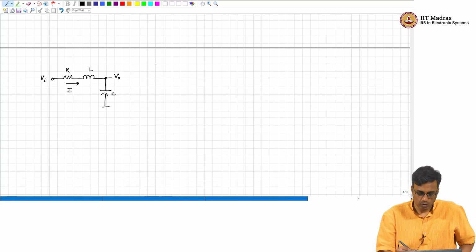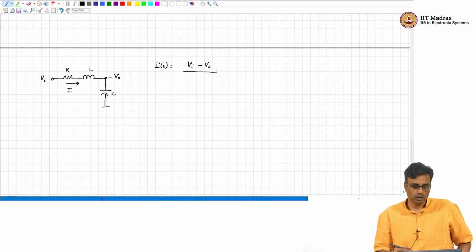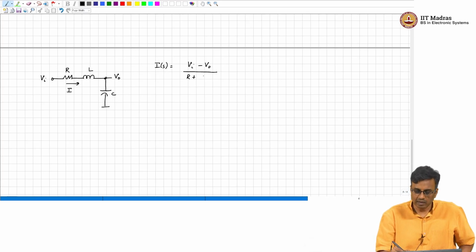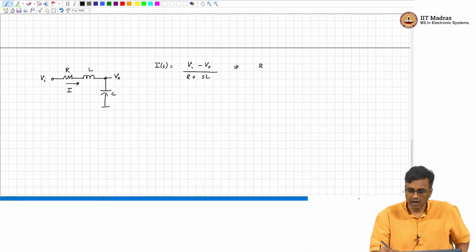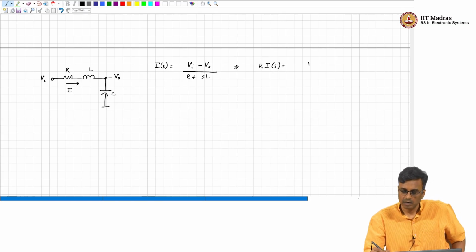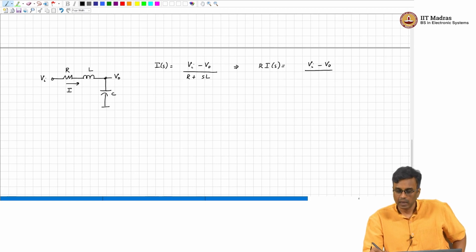I of s is nothing but Vi minus Vo by R plus SL, which basically means that R times I of s is nothing but Vi minus Vo divided by 1 plus SL by R.